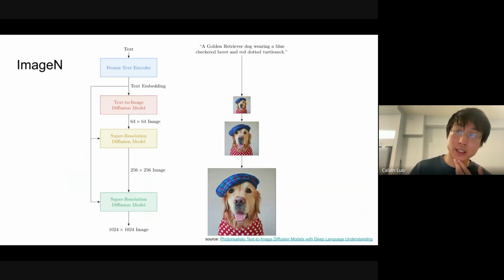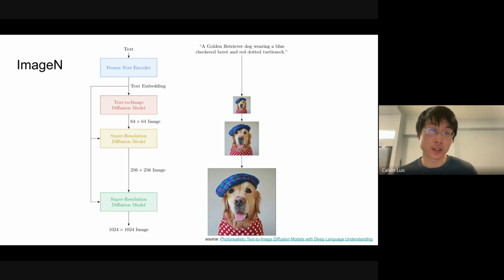So in Imagen, I would say it's more straightforward, where they just learn a bunch of stacked diffusion models, like what we described at the beginning of the talk, where you take some text or some large-scale pre-trained language model that we keep frozen to encode the text into some embedding. And then we learn a diffusion model that conditions on this text to generate a 64 by 64 image, right?